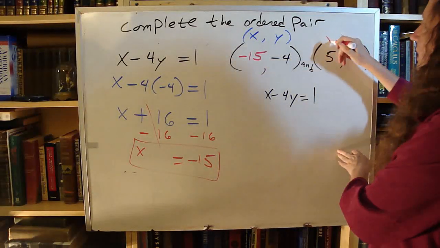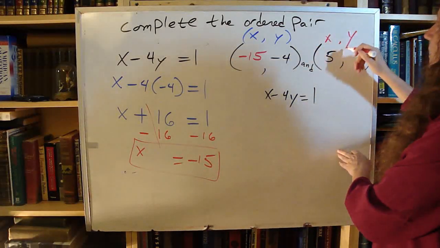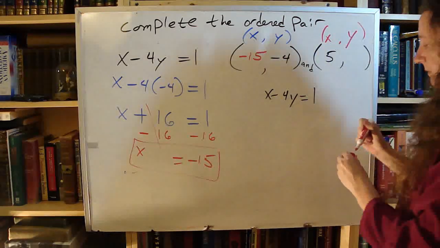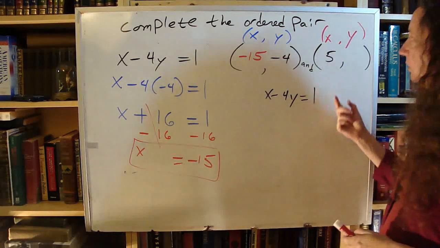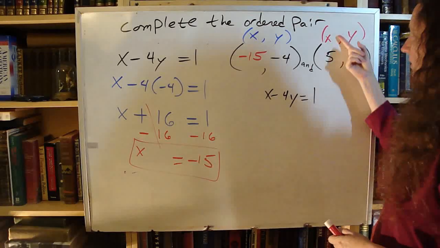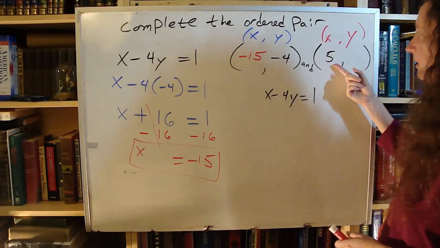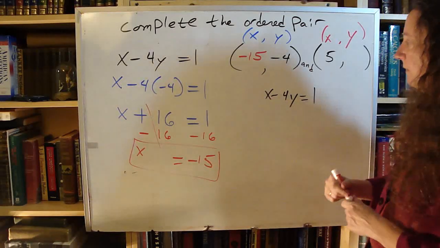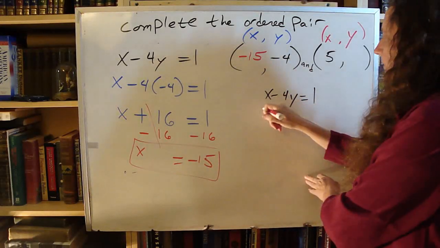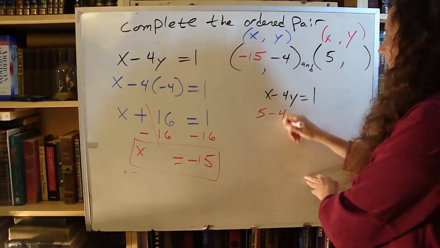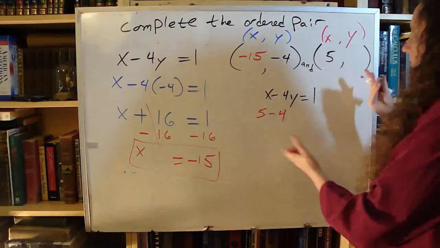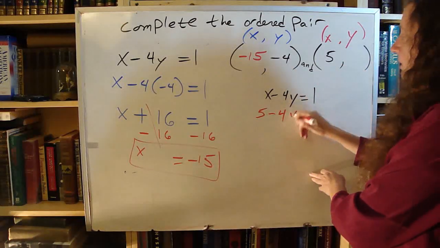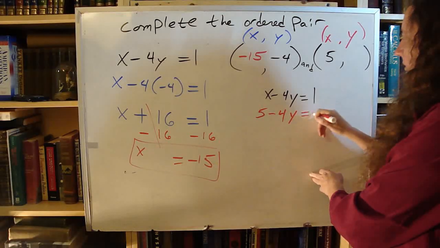I remember it's x comma y. So as I look at this, my x is 5. So I'm replacing x with 5. My y is unknown, so it stays as y.